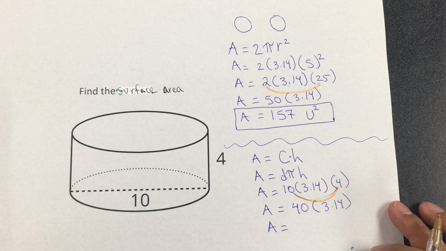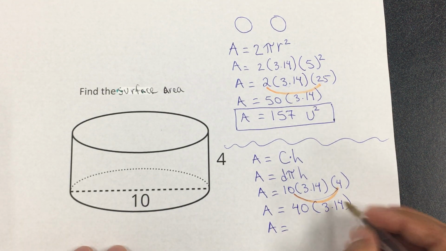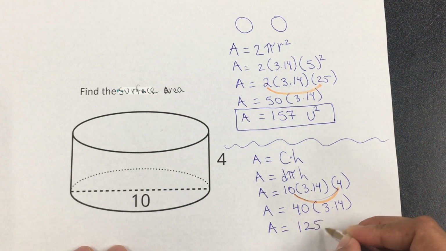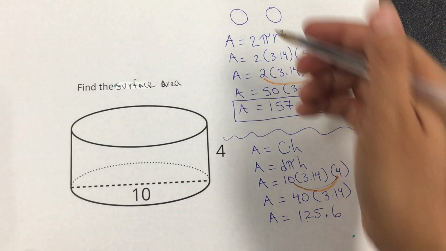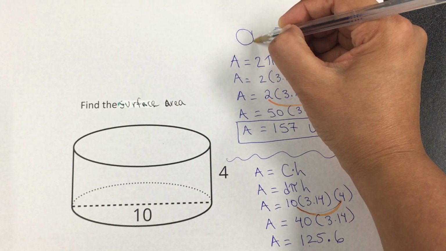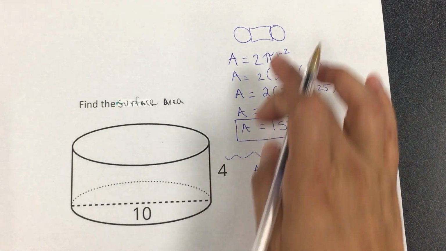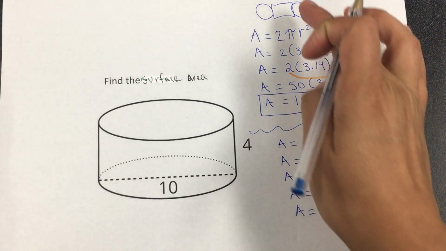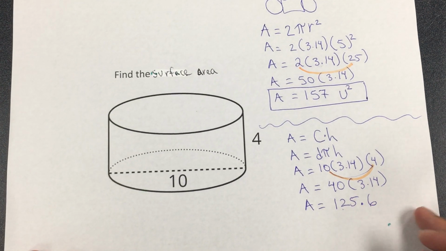If you want to try it without using a calculator, go ahead. I'm just trying to make the video a little shorter. So that's 125.6. So that's just for the side, right? And so now I'm putting these two surfaces together, or we can say 3 because it's 2 circles. It's 2 and then that one 3.